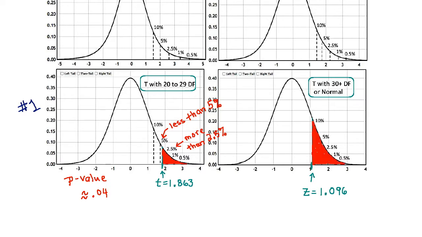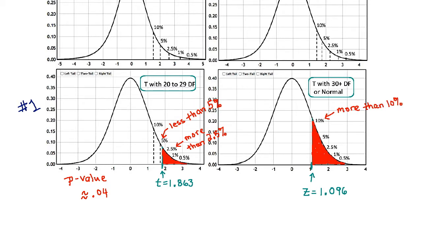We can, of course, see that this is a fairly large tail at this point, and in fact, we are greater than that 10%, right? Because our shaded area started a little bit to the left of that line. So we're looking at more than 10% for this p-value, but it's even more than that because remember we're doing a two-tail test.